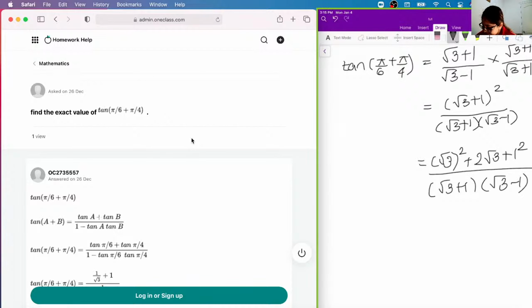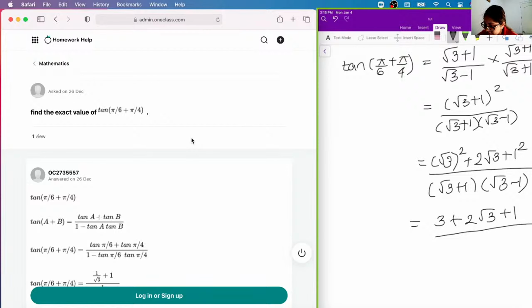Okay. And if you basically square root 3 or any root, it's basically going to be itself. So 3 plus 2 root 3 plus 1.